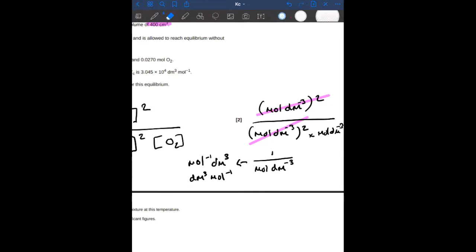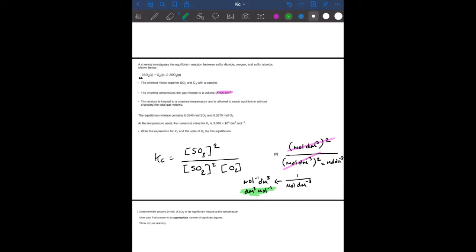Let's highlight up our answers in green. Our answer, this is our answer. Hold on, wait a second. They gave us the units in the question. But we had to go through and make sure that we knew what we were talking about and show that we understood the process. So that's 2 marks.